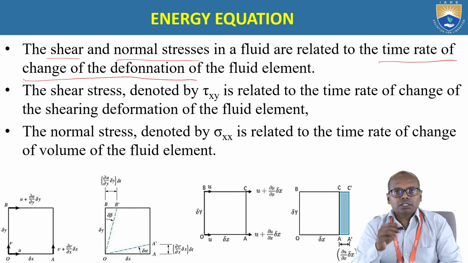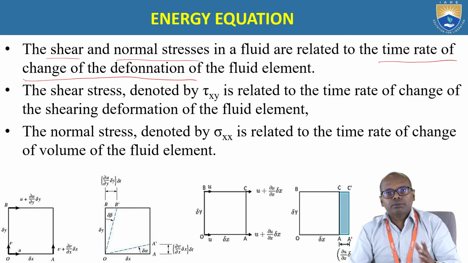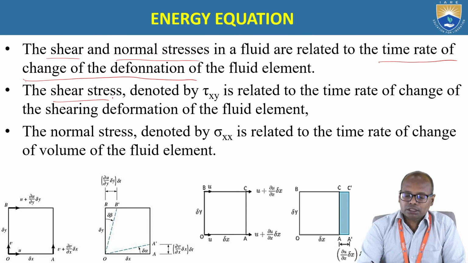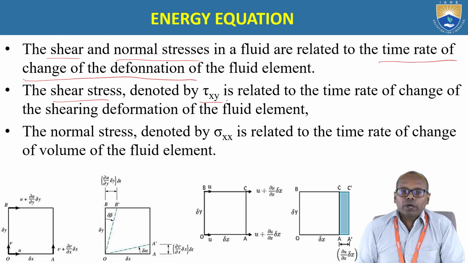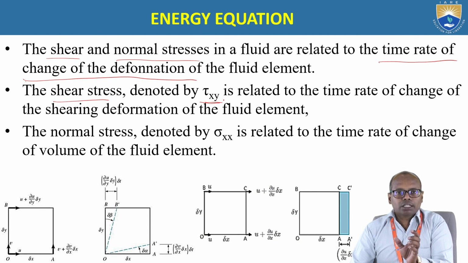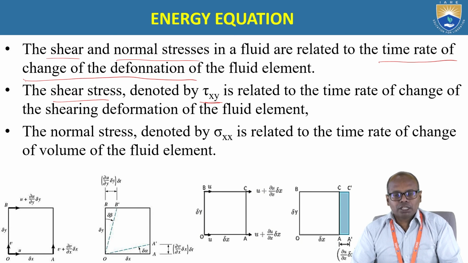Now, because of these forces, what happens to the element actually? Now, we will see the shear stress. Shear stress is tau xy or tau yz or tau xz, like that. It is a combination of two directions, x and y or x and z.